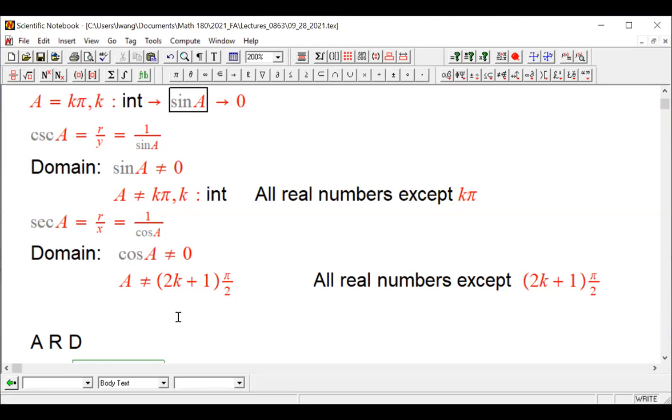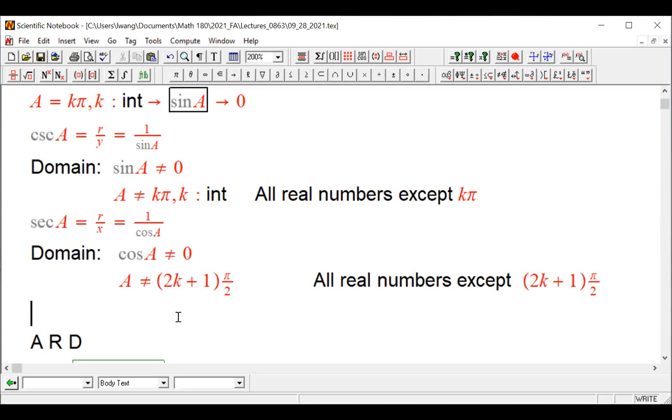Can you put together a summary for the domain of all of these functions? So far, we have the most thorough studies of sine and cosine, for which we did the curve, and we're going to do a curve for tangent.